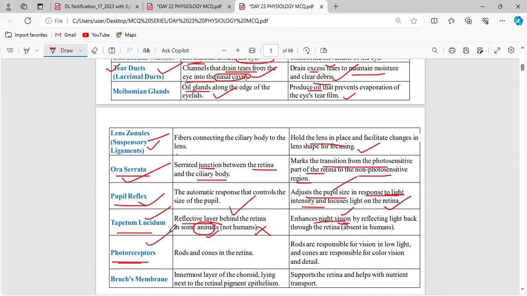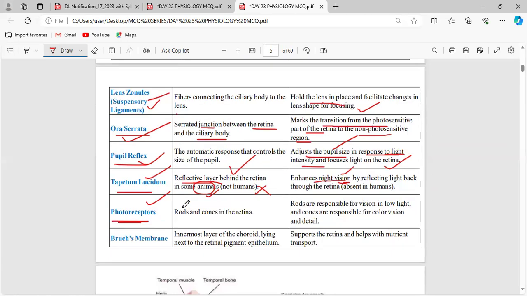Right, now, what are photoreceptors? This is what differentiates the retina. As I said before, the retina has a photosensitive region and a non-photosensitive region. Why do we have two different regions in the retina? Because of the presence of the photoreceptors. And what are those photoreceptors? Rod and cone cells, which are present in the retina. The most important thing to make a note of: rod cells are responsible for vision in low light, and cone cells are responsible for colored vision.